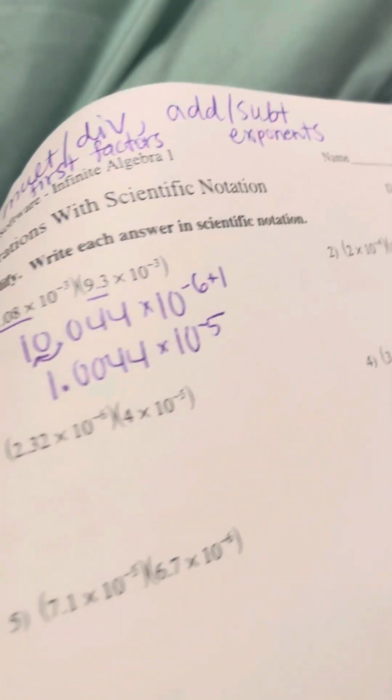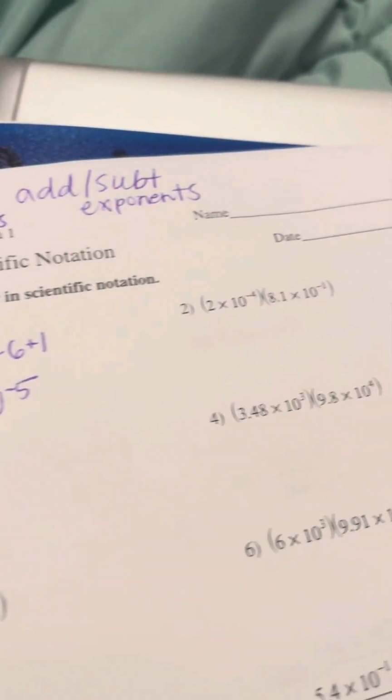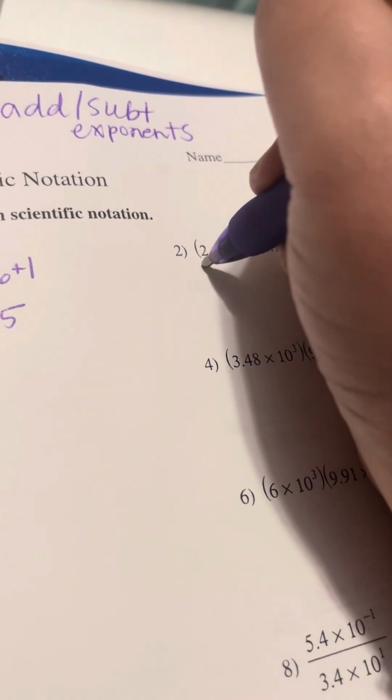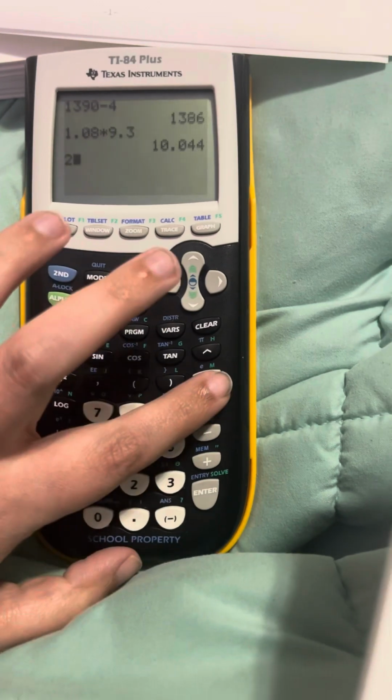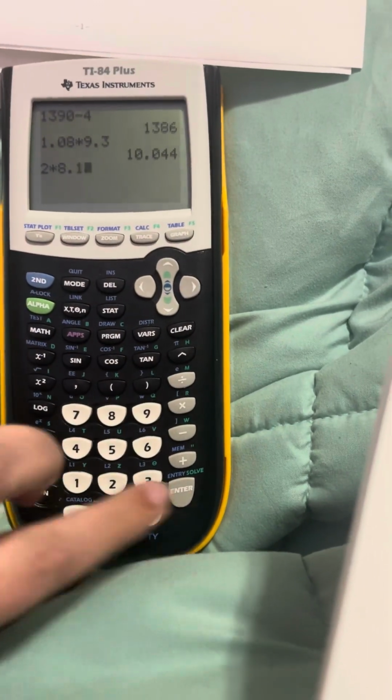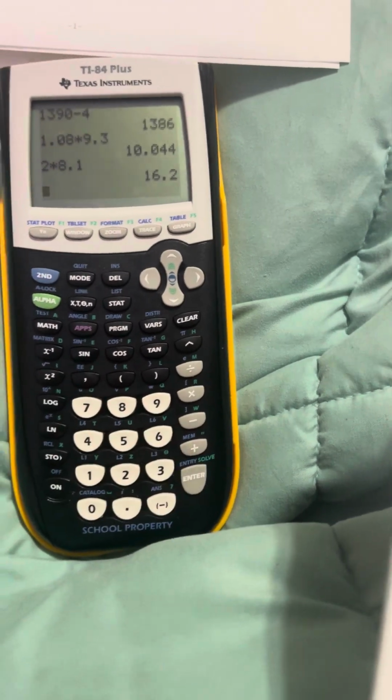Let's do another one. I'm going to multiply the first factor. So I have 2 and I have 8.1. Times 8.1 should give me 16.2.